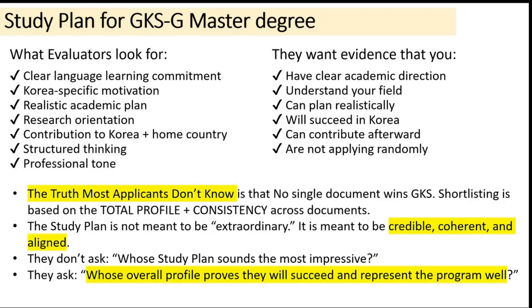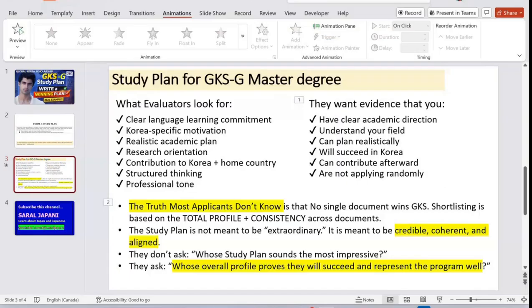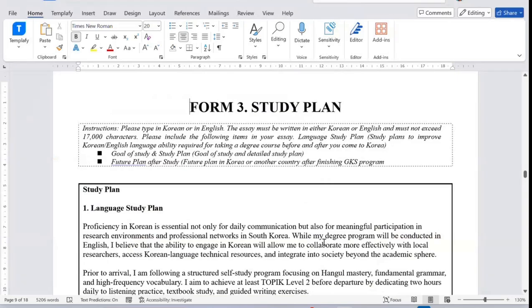They ask whose overall profile proves they will succeed and represent the program well. These are extremely important points you should always keep in mind while writing your study plan. So don't get excited and write something which is unrealistic. Having said that, let's now break out from this PPT and go to the study plan.